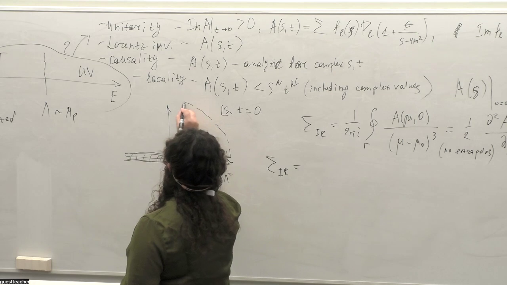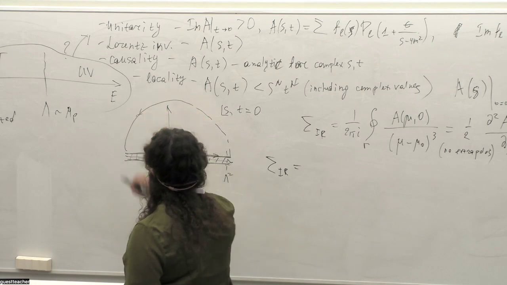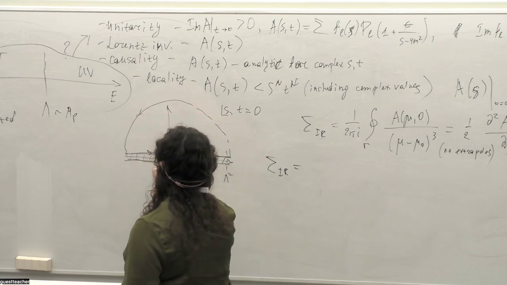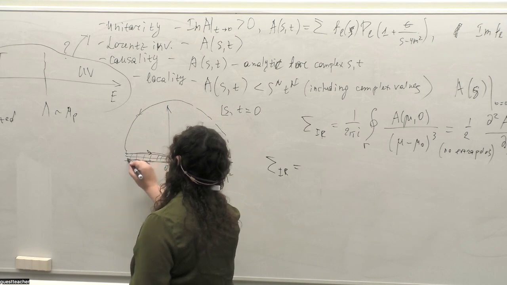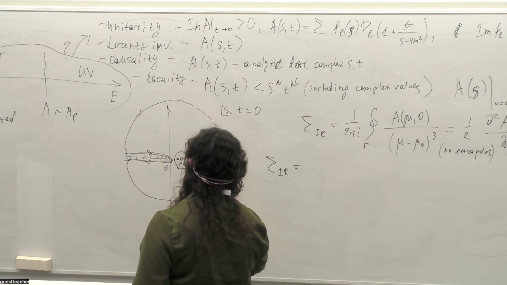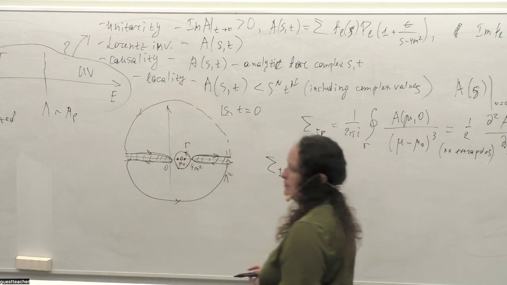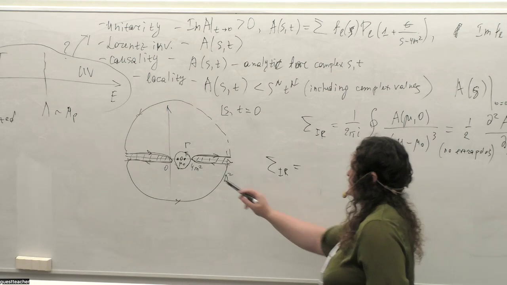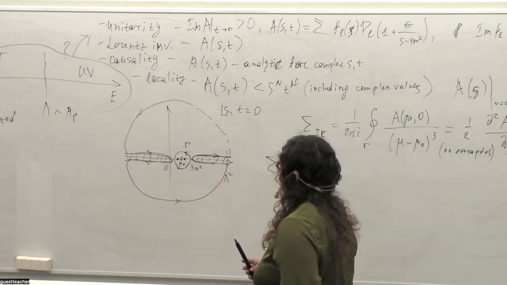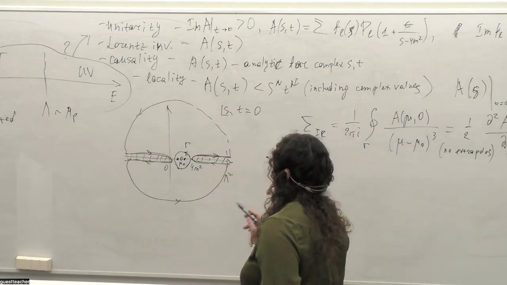Then I have to close it. It goes here, it goes here, and goes here. And I close it fully to this large circle. Since we are sure that the amplitude is analytic, I can do this deformation.